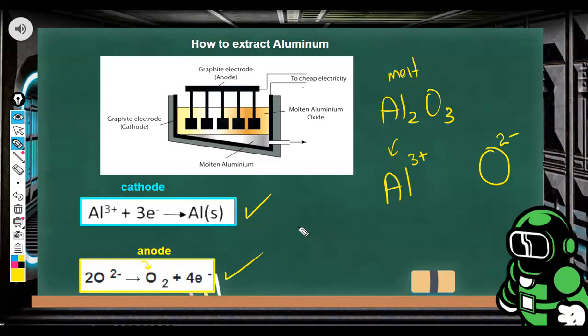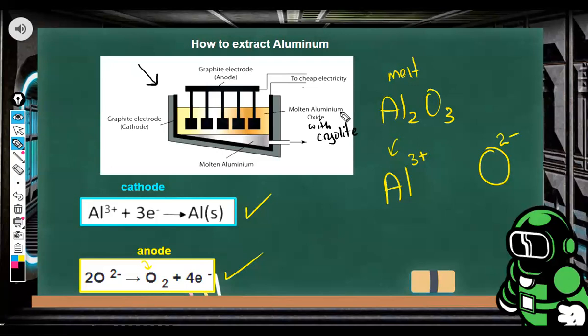Right? I know this is going to be kind of hard to draw, but still take a shot at it, and try your best to draw it here. And this gold part here is the molten aluminum oxide with the cryolite. So the cryolite is mixed inside here with the aluminum, but the cryolite doesn't actually take part in the reaction.